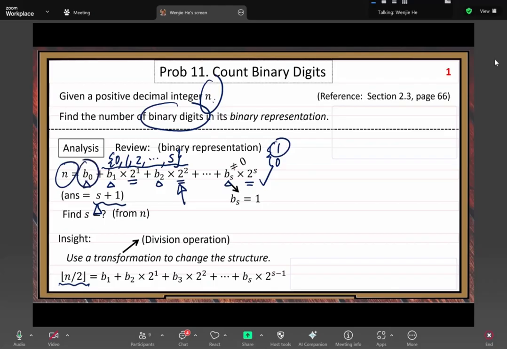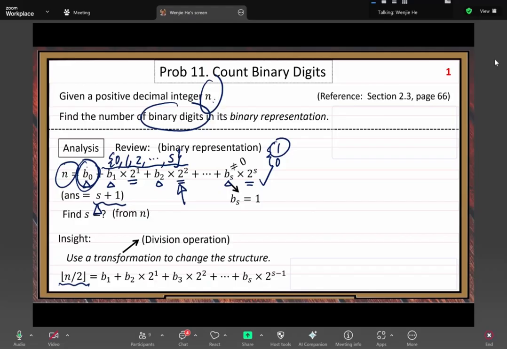Only this B0 term contributes to the remainder. For the other terms, when you divide by 2, the remainder is 0. The B0 term may have a non-zero remainder, but we drop it. That's why you see B0 is gone.